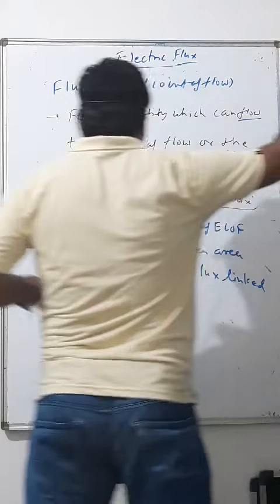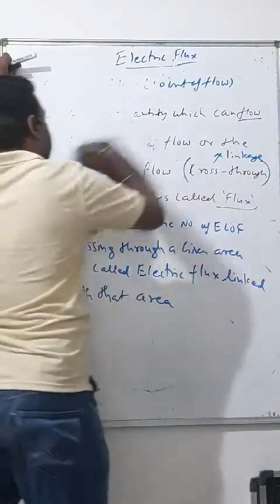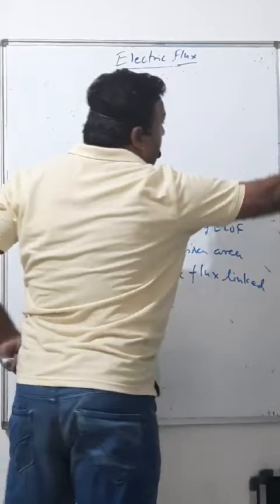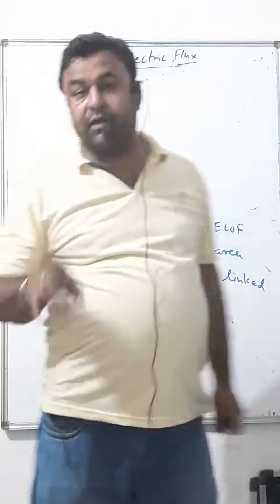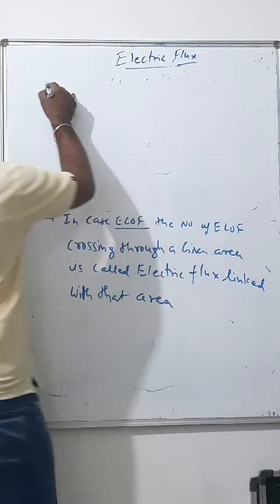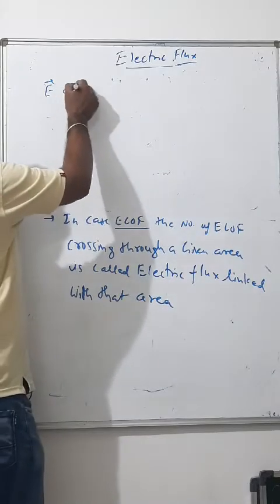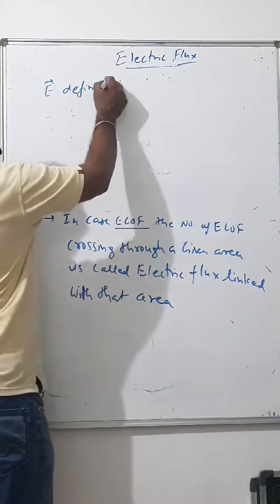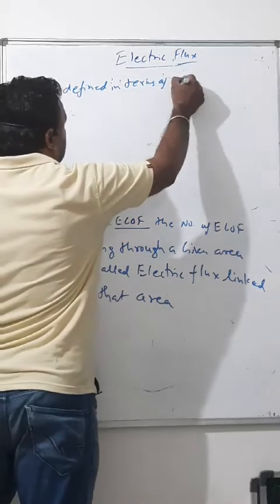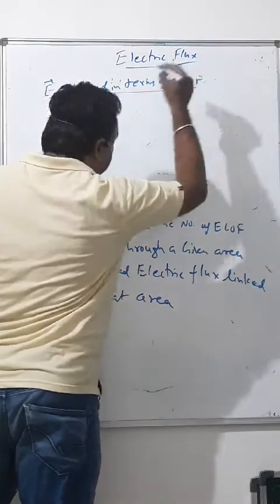Now, how to define it? First of all, I'll give you a definition of electric field intensity in terms of electric lines of force. E is defined in terms of electric lines of force.